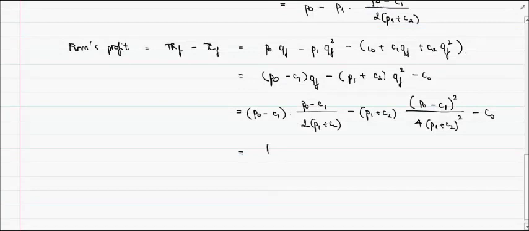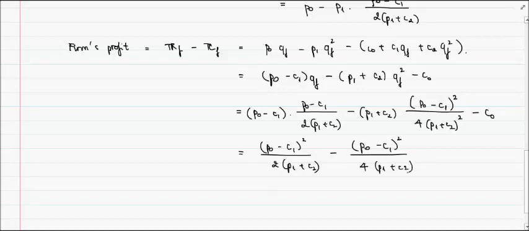This will give me (P0 minus C1) squared divided by 2(P1 plus C2), and this P1 plus C2 will cancel with one of the P1 plus C2 in the denominator, so that will give me (P0 minus C1) squared divided by 4(P1 plus C2), and minus C0.